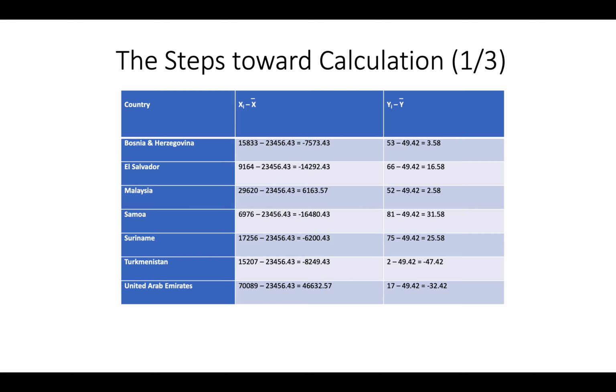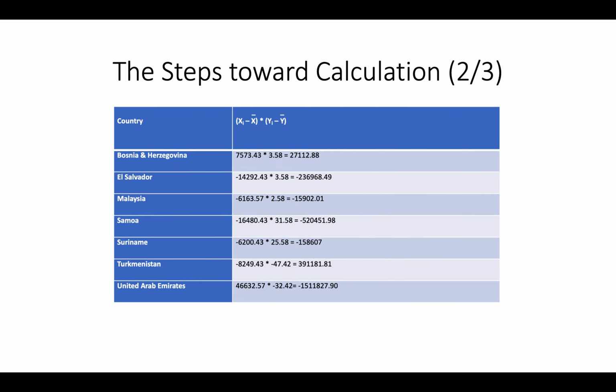We make that democracy calculation next. After that first part of the formula is calculated, we have to multiply the deviations from the mean for the x and y variables, which we do, and we wind up with the following products.